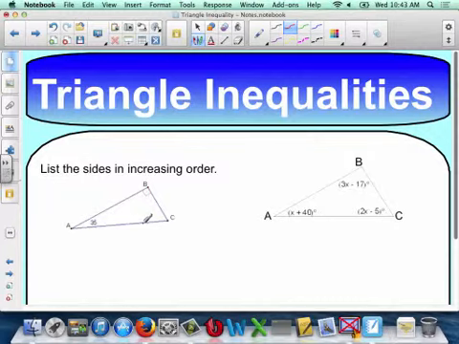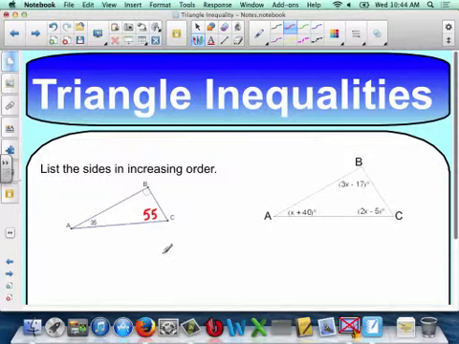The three angles of a triangle add up to 180. So I've got 90 and 35 is 125, which leaves me with 55 degrees.